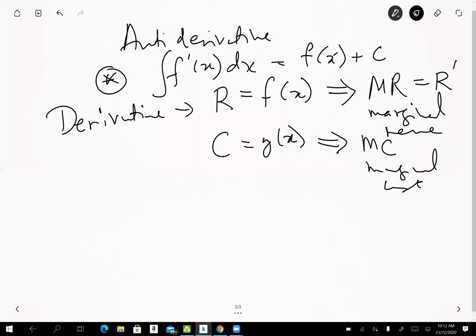So we ask this the other way around. If we are given the marginal cost, what do we want to find? I want to find the cost function. I can find the cost function by integrating.